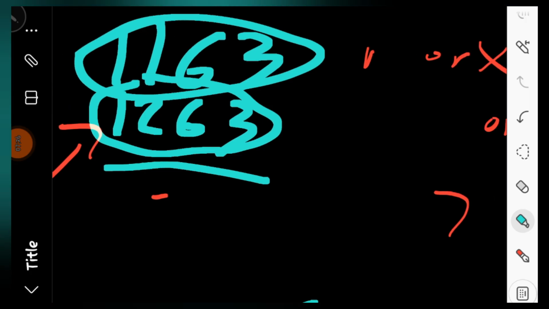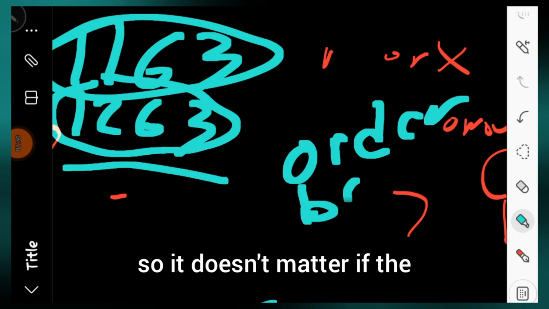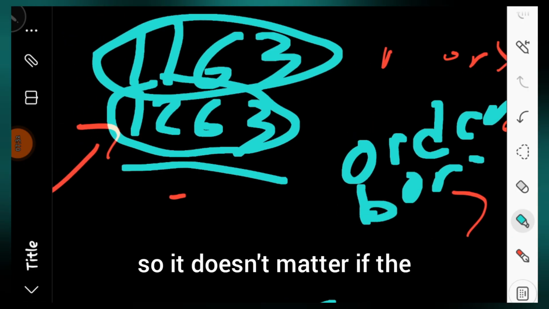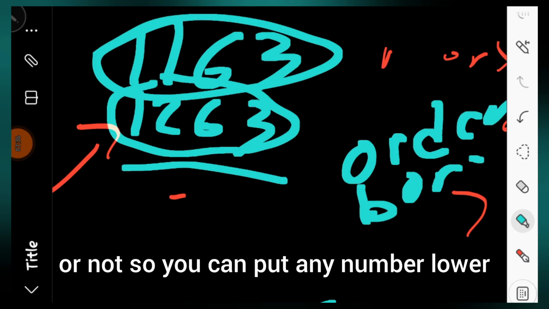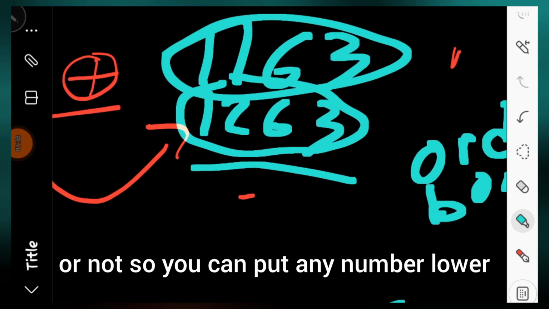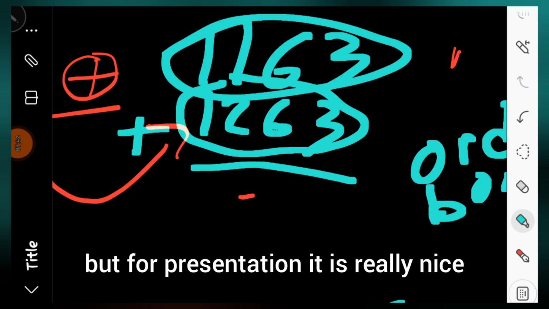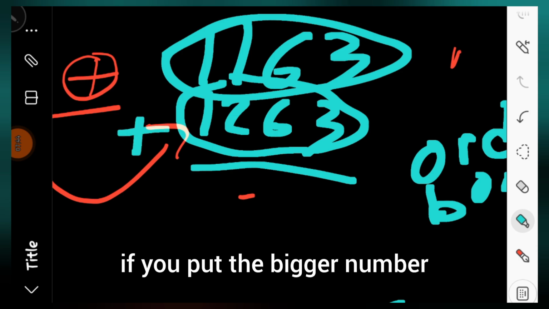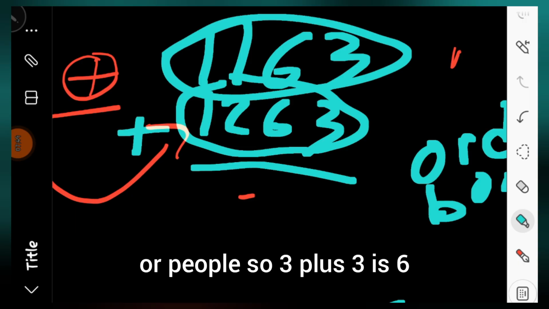No, here order doesn't matter. There is no borrowing, so it doesn't matter if the higher number is on top or not. You can put any number low or high. But for presentation, it is nice to put the bigger number up because it might confuse some checkers or people.